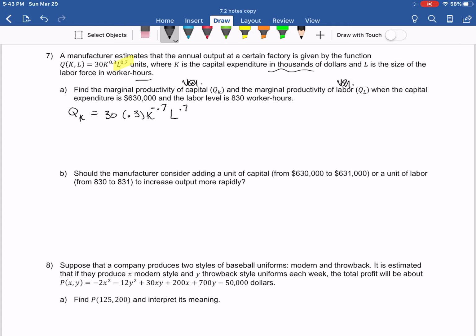And then you want to specifically calculate this productivity amount when you use K equal to 630 and L is equal to 830. I'm not using all of the zeros on 630,000 because K is in terms of thousands already. You work it out, plug in the appropriate numbers, you're going to get the answer of 10.92. Take a few minutes, pause the video, check that out.